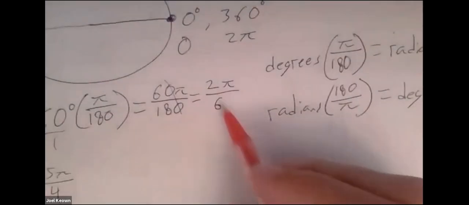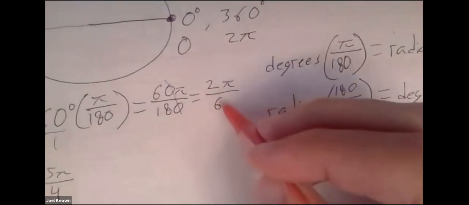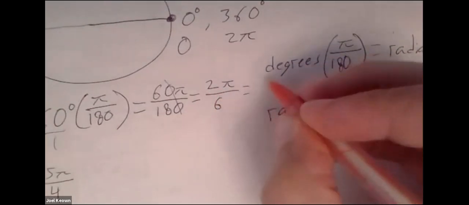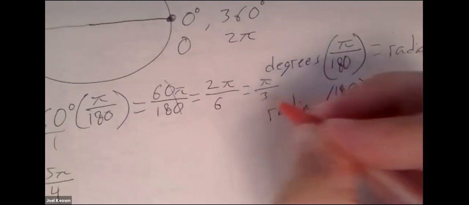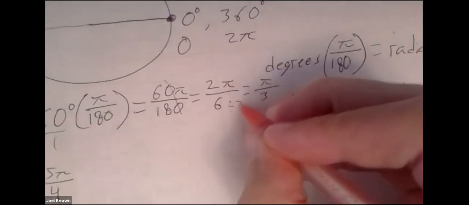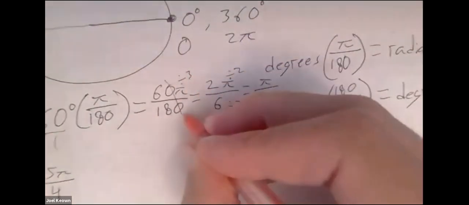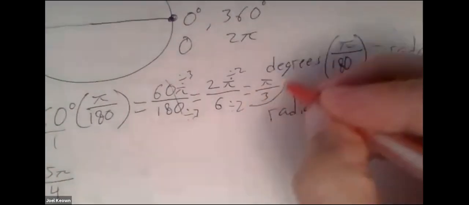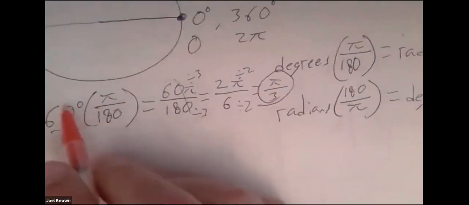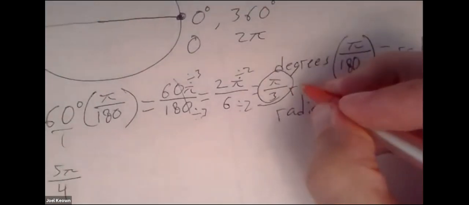Okay, well, 2 and 6, I can divide that even further. I can divide both of those by 2. If I divide it by 2, I get 1 pi over 3. Okay, and so 60 degrees is the same as pi over 3 radians.